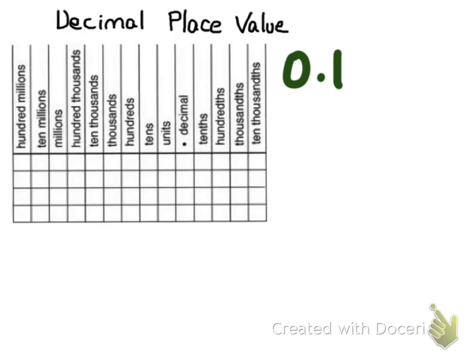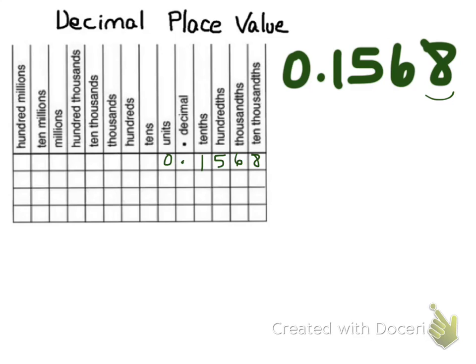Okay, next one. Let's give you a really long one. These are fun. There we go. Alright, so some of you don't even need to use the chart. You can just say it out loud right away. If you do, why don't you type it in there? Or write it in there. So the first thing I'm looking at is the last number is in the 10 thousandths. So that's the last thing I'm going to say or write is 10 thousandths. And then I can just say this whole number.